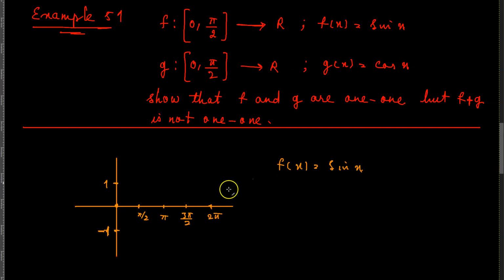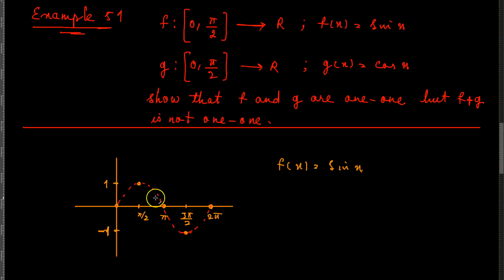And sine pi by 2 is equal to 1. Sine pi is equal to 0. Sine 3 pi by 2 is equal to negative 1. And sine 2 pi is equal to 0. So you will get some function like this. Of course, it's not exactly symmetric, but that's the function that you would get.